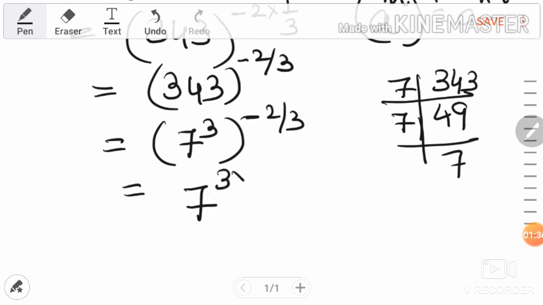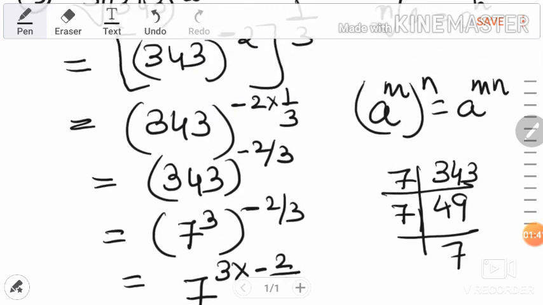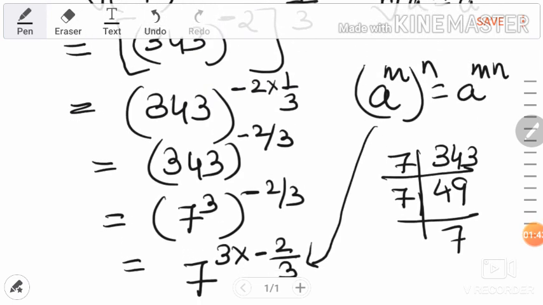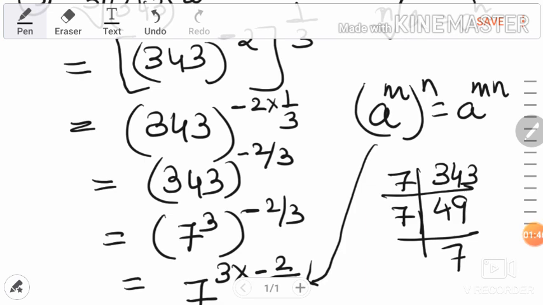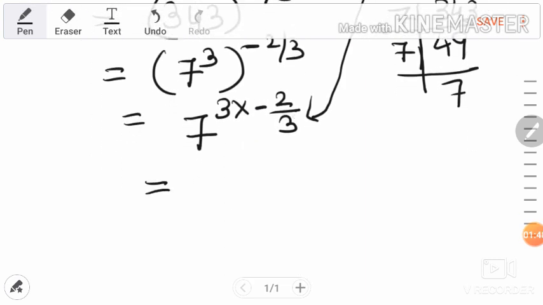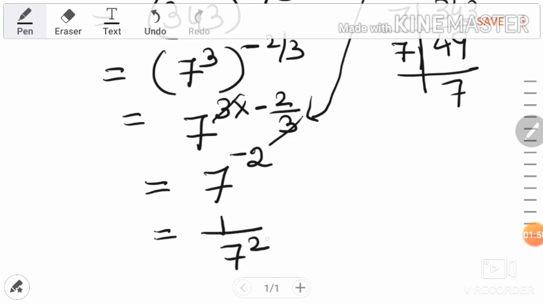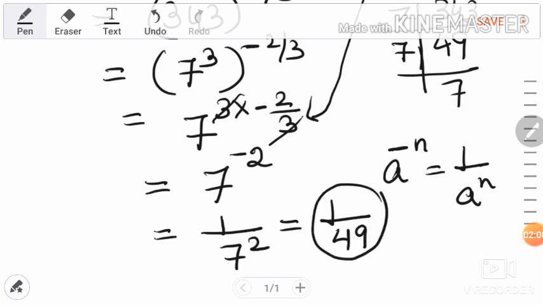Now using the same law that we used earlier, we get 7 to the power minus 2. This can be written as 1 over 7 to the power 2. We are using a^(-n) equal to 1 over a^n, which is equal to 1 over 49. So this is the answer.